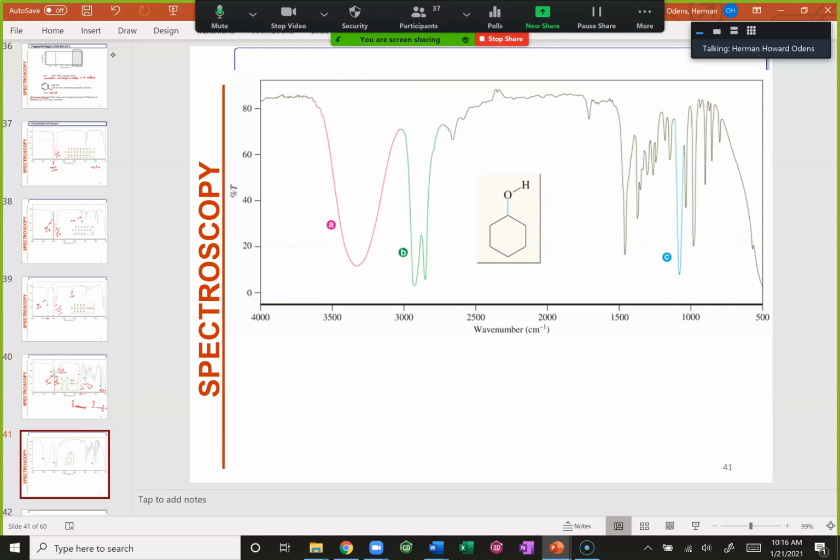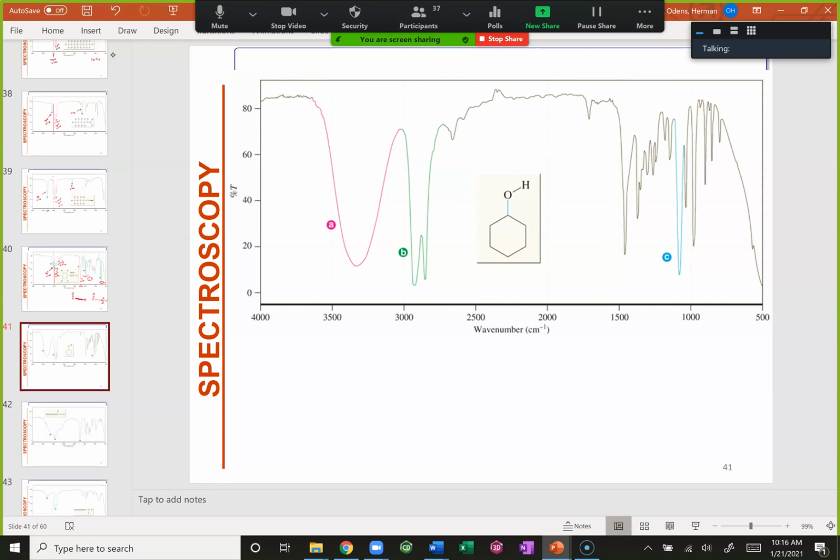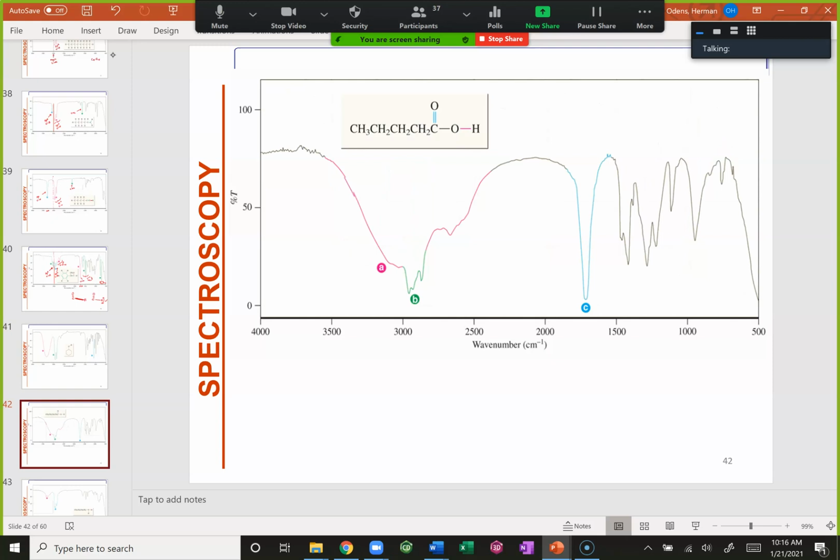This is an alcohol. So the moment that you see this nice, soft, round U shape, it's an alcohol. Compare that to the next slide. This is a carboxylic acid. It is sort of like a V shape that I mentioned earlier. You see that? That's the difference. Here's where it starts being nice and soft and round.